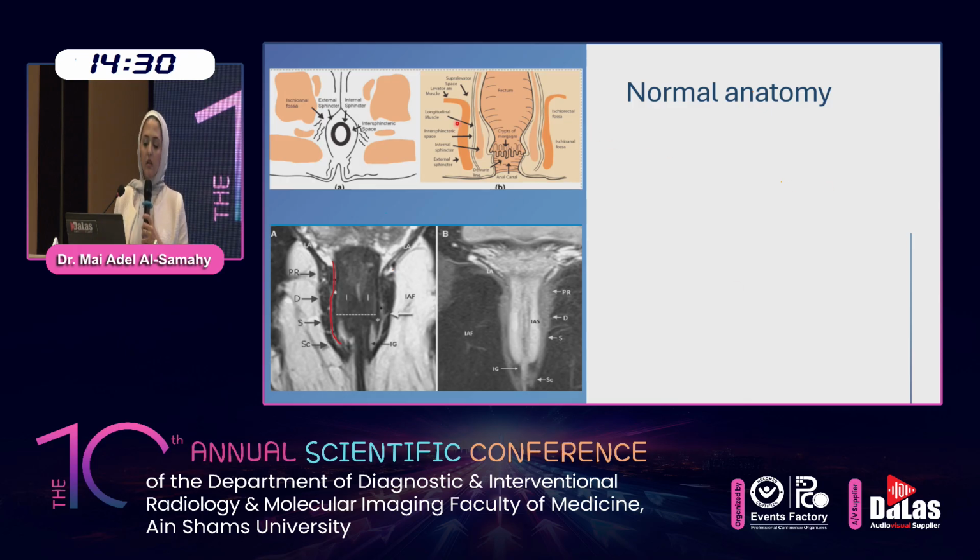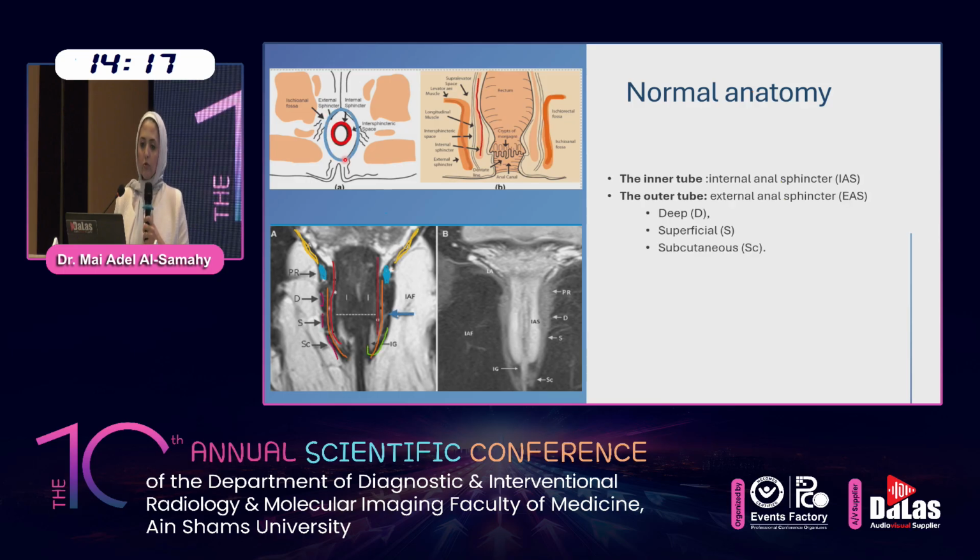So at first, the normal anatomy of the anal canal. We usually refer to the anal canal as a tube within tube configuration, where here there is the internal anal sphincter and outside is the external anal sphincter. The outer tube, which is the external anal sphincter, is formed of three components. The deep part is a caudal continuation of the levator ani and puborectalis muscle.